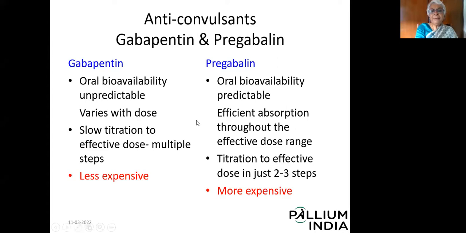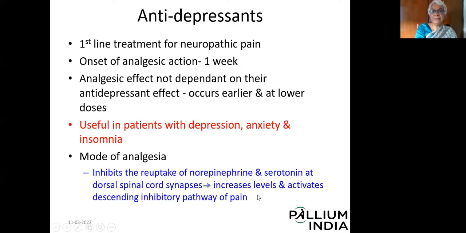So gabapentin, like I said, you start with low doses and you have multiple steps to titrate the dose of gabapentin. But it is less expensive as compared to pregabalin. Pregabalin can be titrated in just 2 to 3 steps. And the oral bioavailability of this is also very good, but it is more expensive than gabapentin.